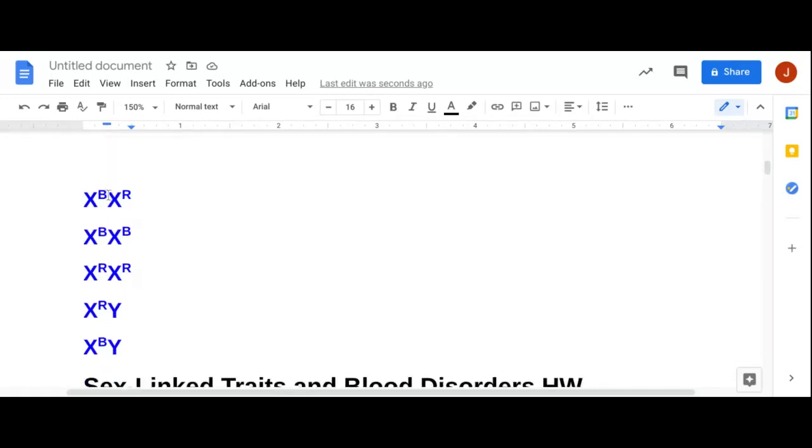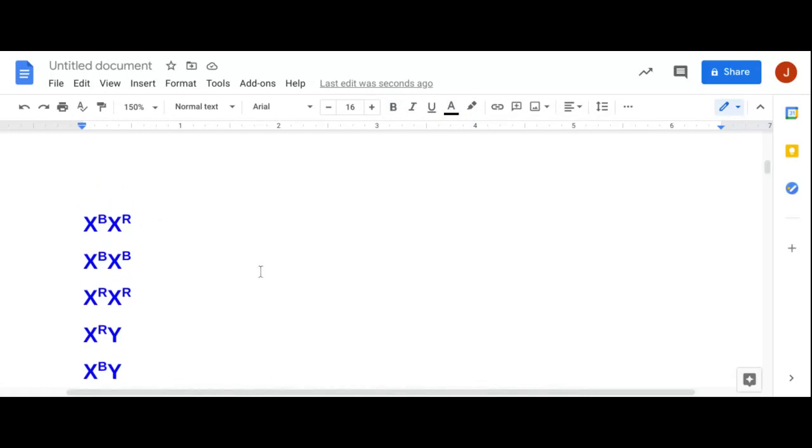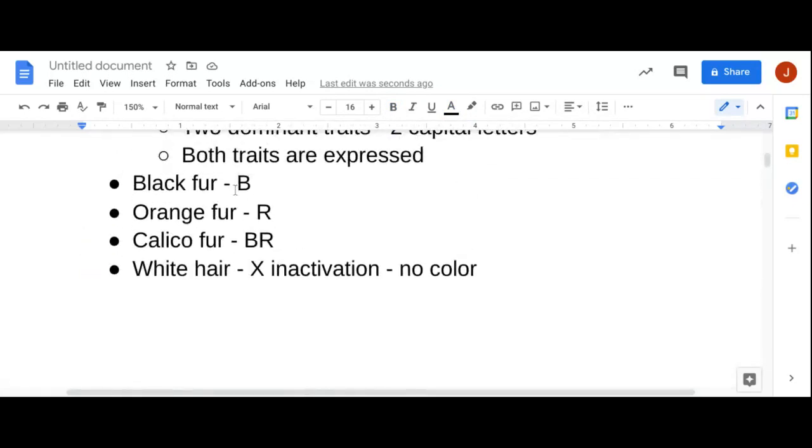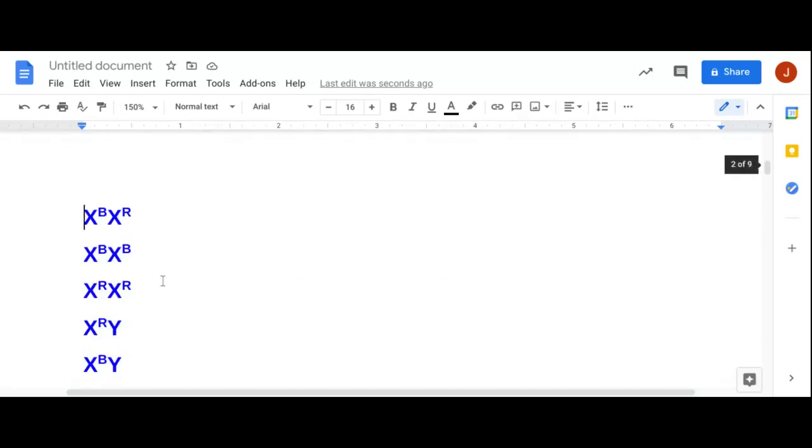But here are my traits right here. So here's my first one. I have 1 B and 1 R. Okay, we'll look up here. B is black, orange is R, calico is both of them. So this is going to be a female calico cat. Remember, 2 X's is a female cat.